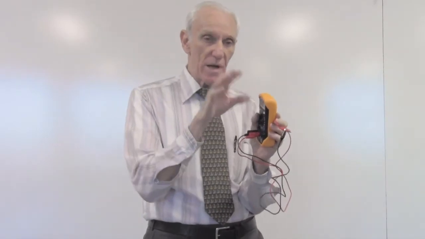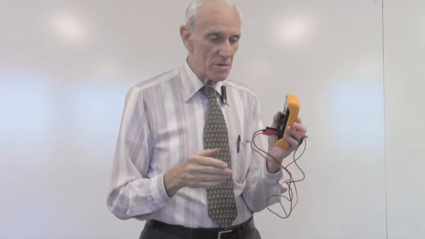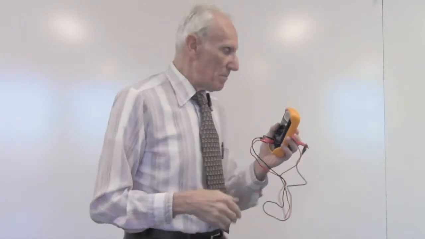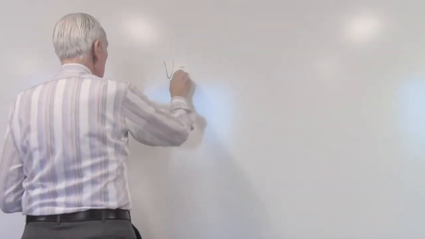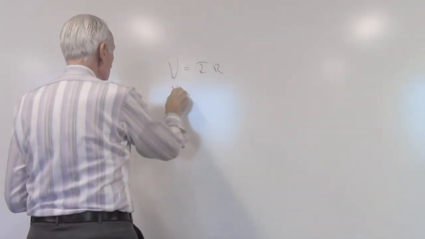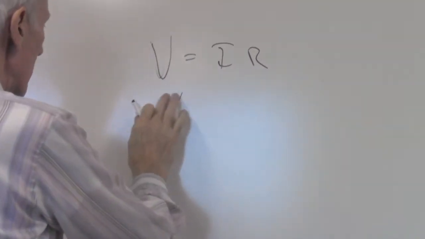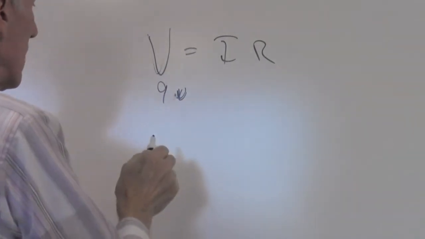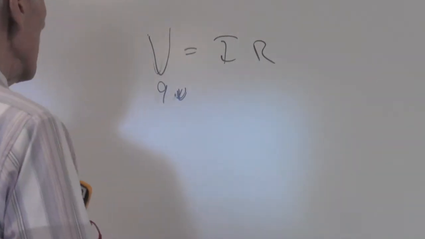Inside of this meter there is a battery which pushes current through the meter, and we'll be talking about Ohm's law this semester. We've already talked a little bit about it before. Ohm's law basically says that V equals IR. So we have a battery inside, actually it's a 9 volt battery, and that sends current through a resistor. Of course, the product of these two numbers has to be 9, because that's what Ohm's law says.